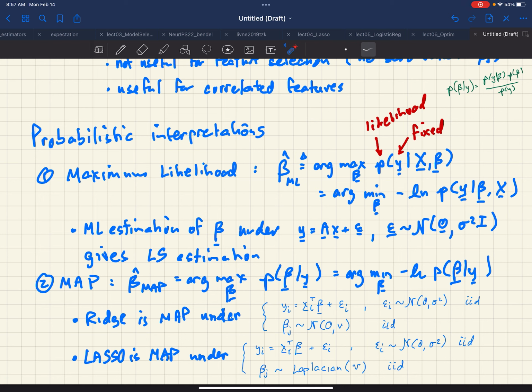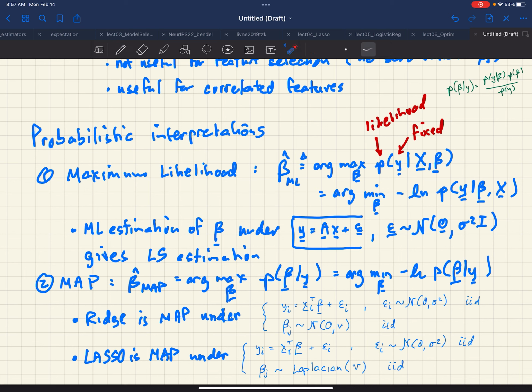Our data is the input for our model. Why do we consider that Gaussian? So again, if we want to make a statistical relationship between x and y, we need something that adds randomness, right?